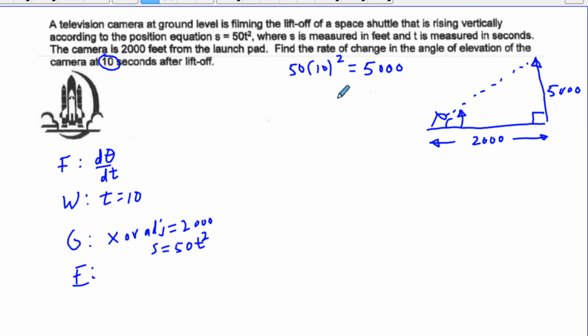Okay, and our equation, what is our equation that relates these things here? And as far as what the rocket is going, how do we find the rocket speed? Well, let's look at this here. We have s equals 50t squared. Velocity is going to be equal to s prime, which equals 2 times 50, so 100t.